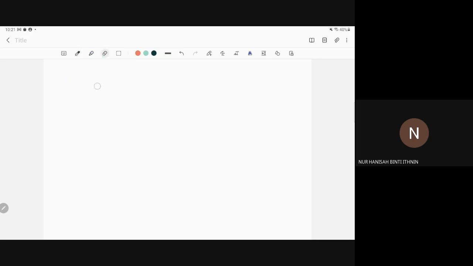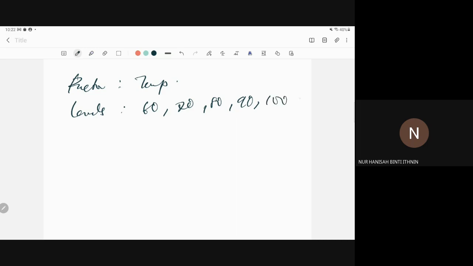Sorry, the factor is temperature, but for the levels you want a wider range, so you have 60, 70, 80, 90, 100 degrees C. So you have 1, 2, 3, 4, 5.